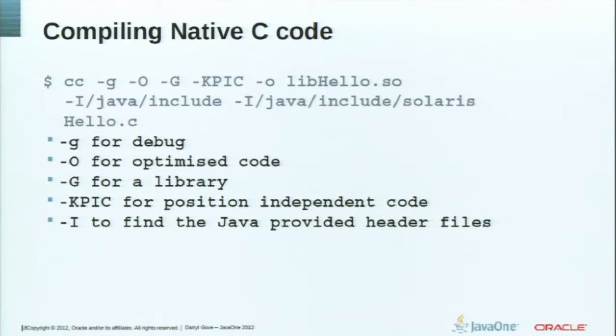Right. Then you want to compile the native code side. So this looks ugly, which is fair enough. You've got quite a spectacularly long compile line there. So lowercase g for debug.